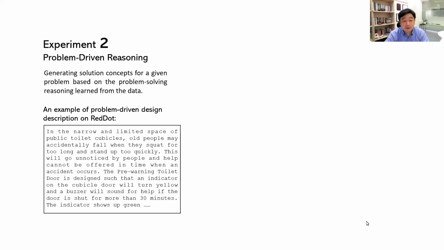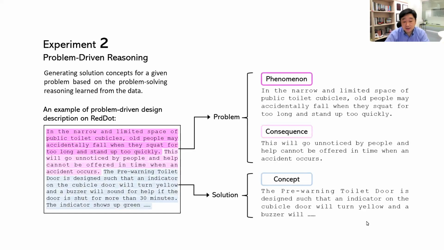In the second experiment, we try to control for the problem. We provide a problem for the AI models to generate design concepts, and to explicate that logic for GPT-2 and GPT-3 to learn, we look at the award-winning design descriptions from the Red Dot Award website.